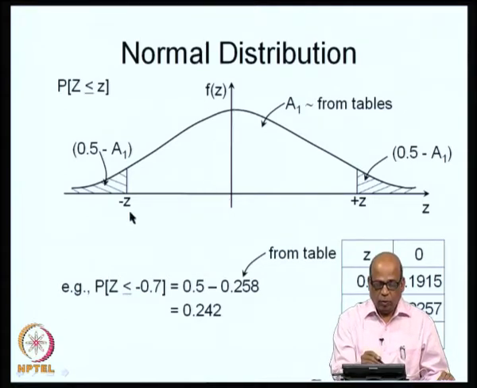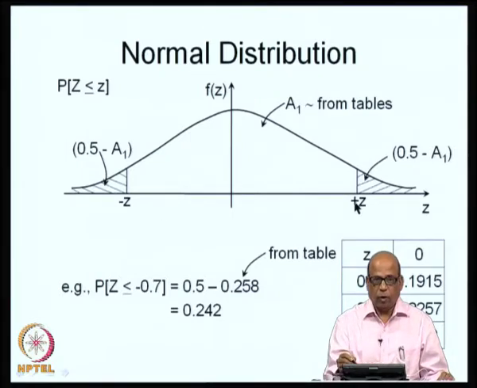Let us say we are interested in the probability that z is less than or equal to a certain value on the negative side, minus z, which means you are looking at this area, and the total area up to this point is 0.5. What we do is, you read the area from the table for the positive value of z. In this case, for minus 0.7, you read the area corresponding to plus 0.7. The table gives this particular area, A1, up to this point.